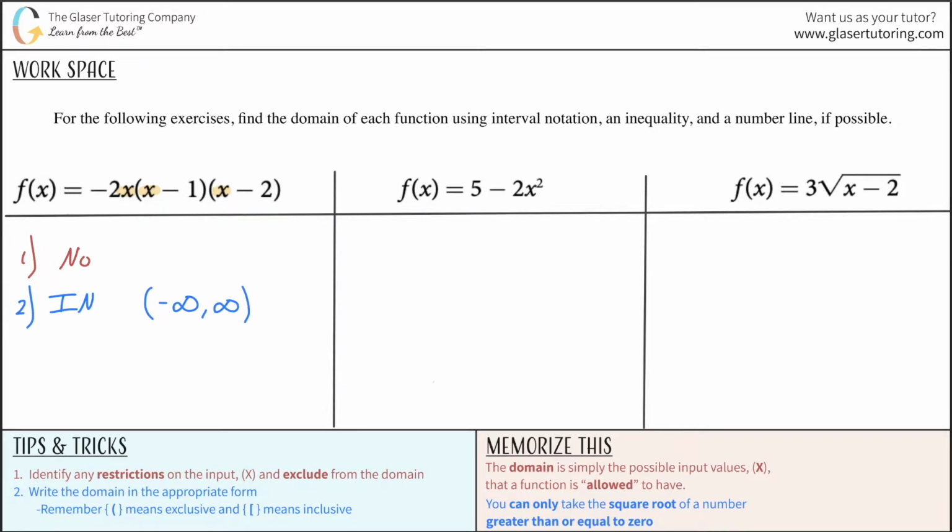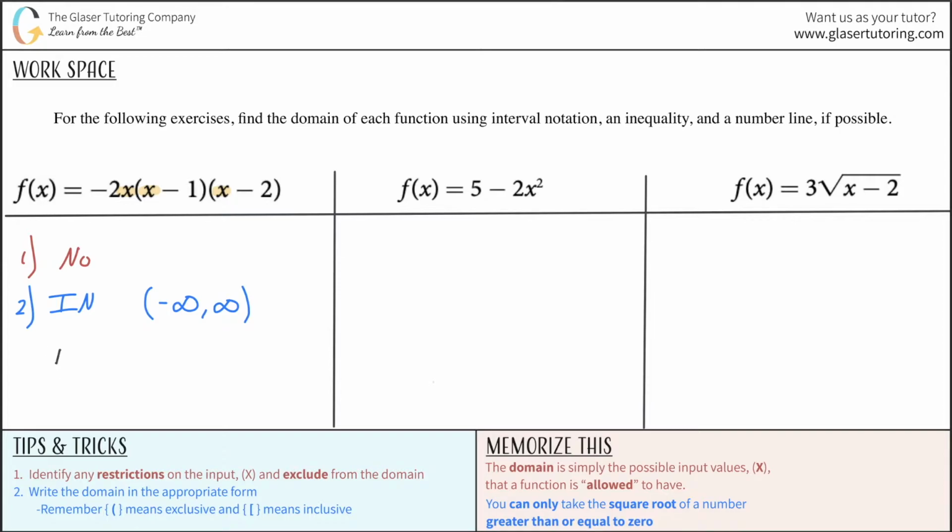Basically how this is read is that the domain of the function is from -infinity all the way to +infinity, exclusive of both -infinity and +infinity. All right, down here, that's what you have to remember. The parentheses mean exclusive, and the brackets mean inclusive. So whenever you have infinity, it's not a real number. You can never include infinity. That's basically the limit. So that's simple, using interval notation.